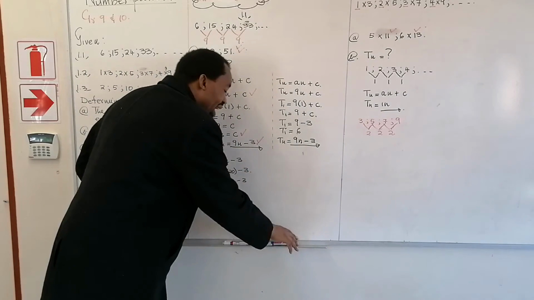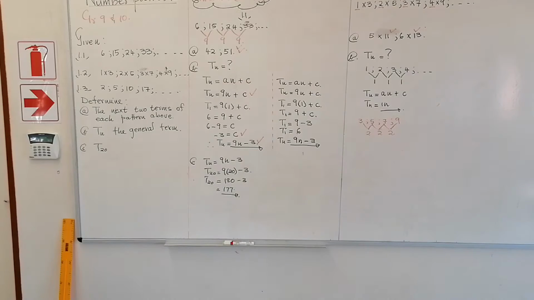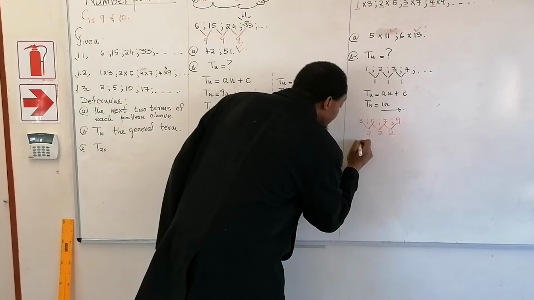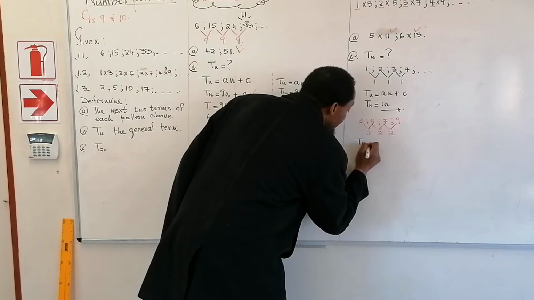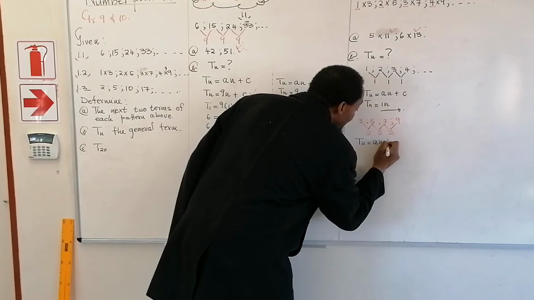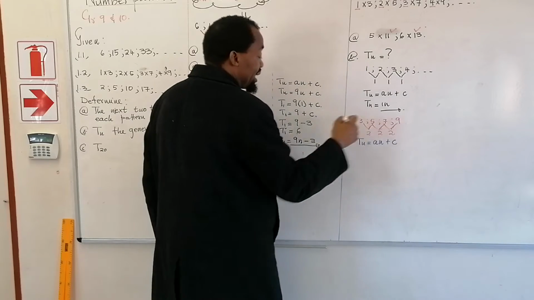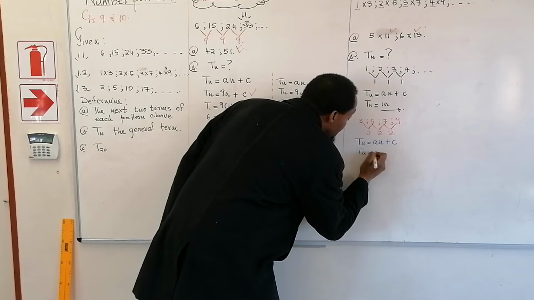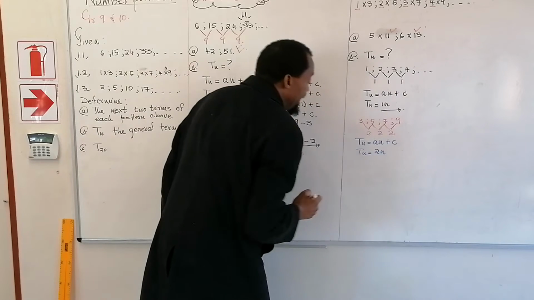Now, from there, I determine the general term of that particular pattern, which is linear. Tn is equal to an plus c because the difference is constant. That is Tn is equal to 2n.